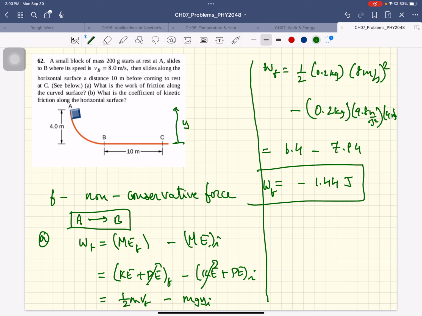So as promised, the work done by friction is negative 1.44 joules.